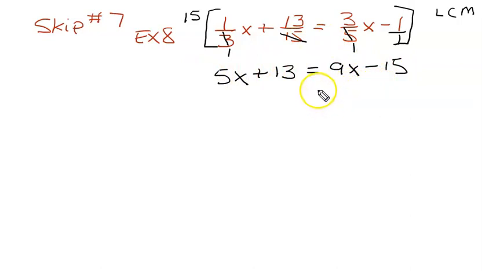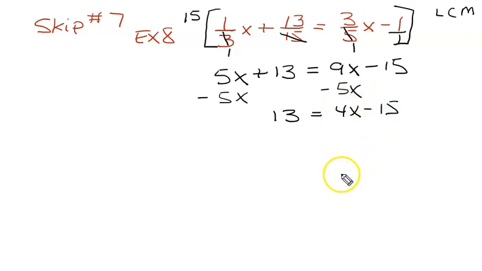So now we want to isolate the x's and try to keep them positive. So I think I will subtract 5x from this side, subtract 5x from this side, so I now get 13 equals 4x minus 15. Now, how do I get rid of the 15?